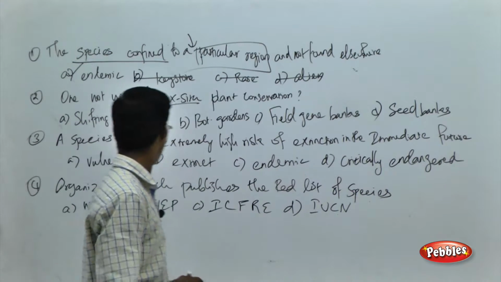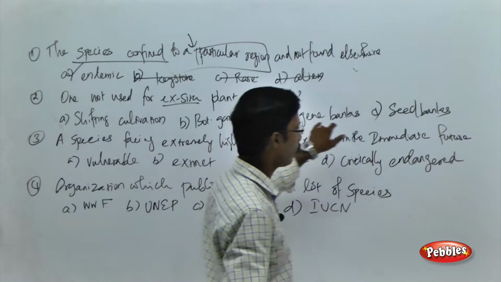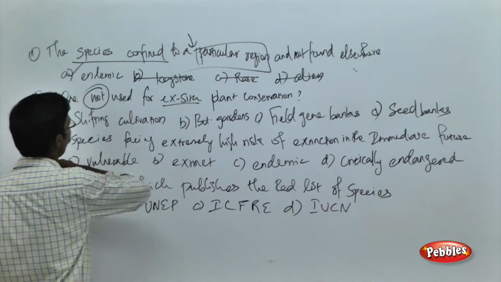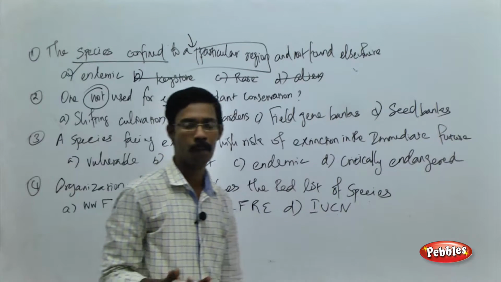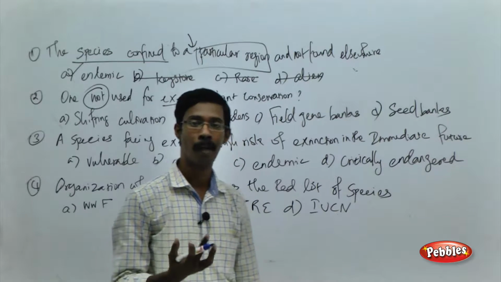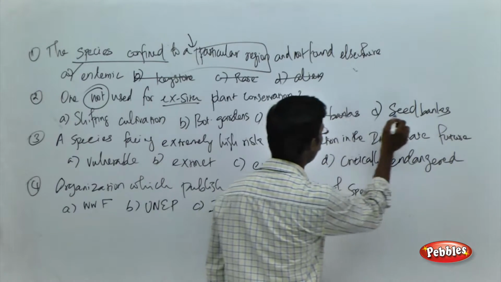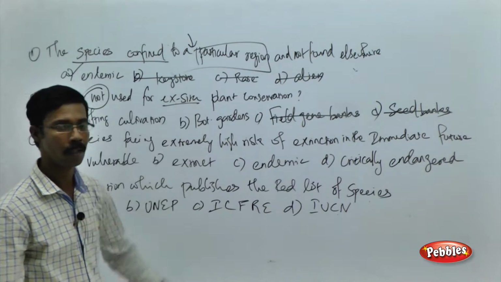Fine. See the choices over here: shifting cultivation, botanical garden, field gene banks and seed banks. The question is asking about the one not used for ex situ conservation. As I told you, for plant conservation we can go for storing or preserving the plant seeds in the seed banks. So you can easily eliminate the gene bank and seed bank from these choices, because they actually belong to ex situ plant conservation.